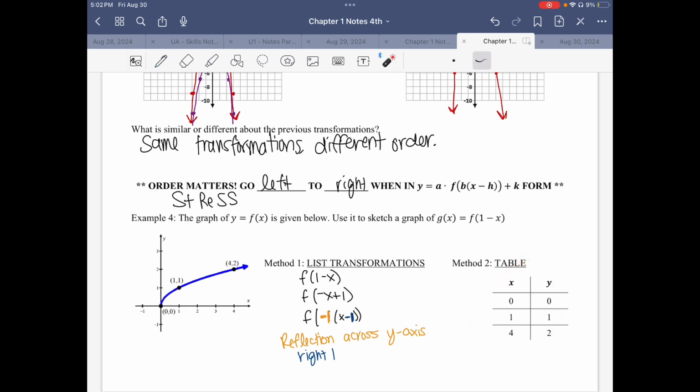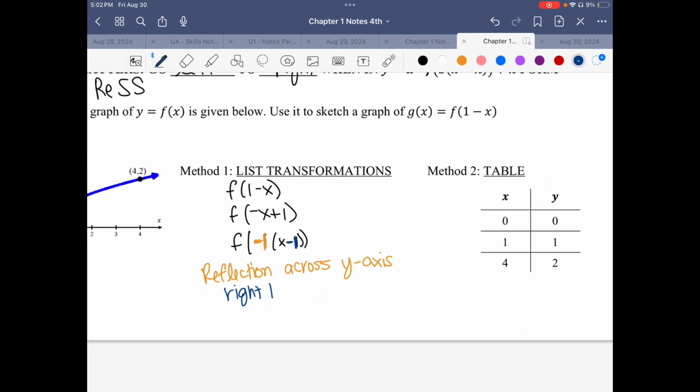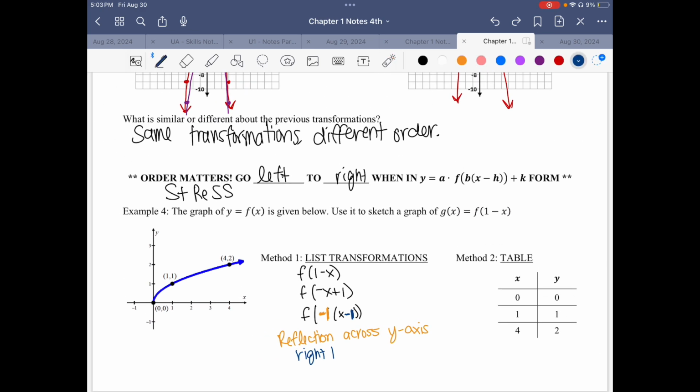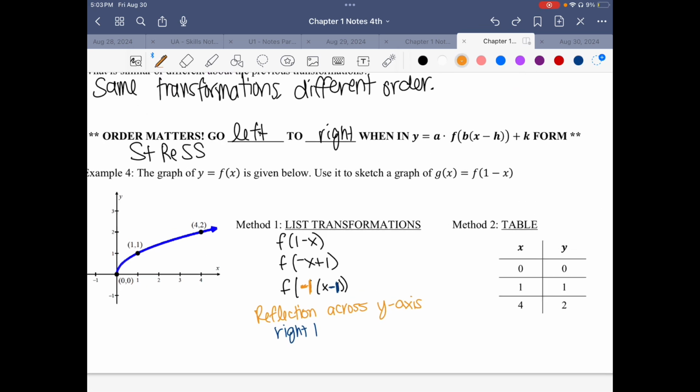Using the table method, what this is saying is instead of looking at the graph as a whole, let's look at each individual point. So originally, these were our x and these were our y's. However, if we plug the x into this new format, it's going to be affected differently.